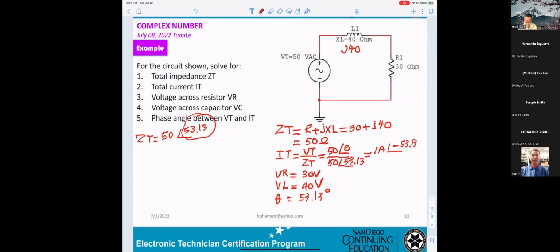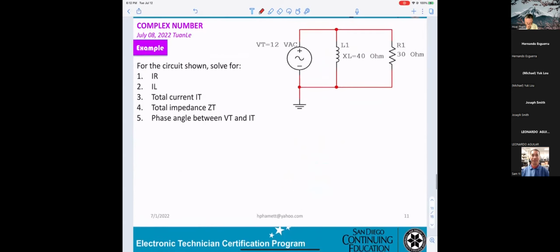Any questions on this example? The purpose of complex numbers is to solve RCL circuitry, either parallel or series.